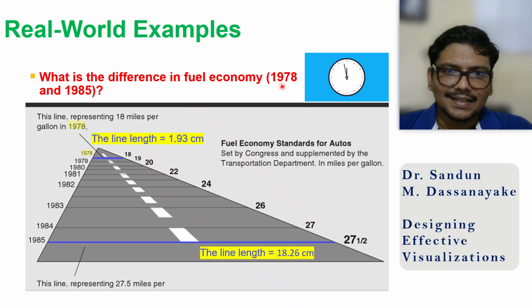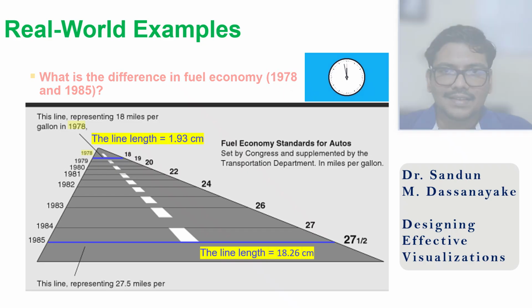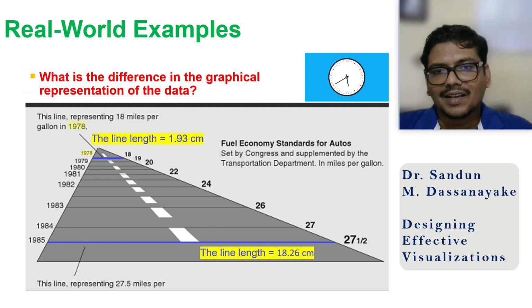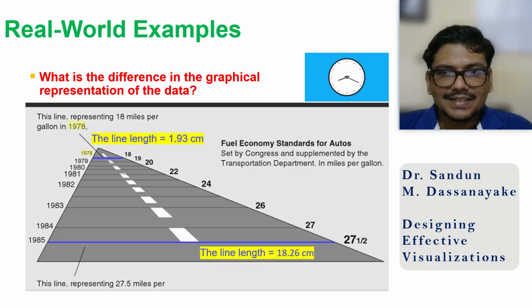Let's take some moment to answer. Calculate the size of effect in graphic. Percentage change is equal to 18.26 centimeters minus 1.93, divided by 1.93. So what is the answer?